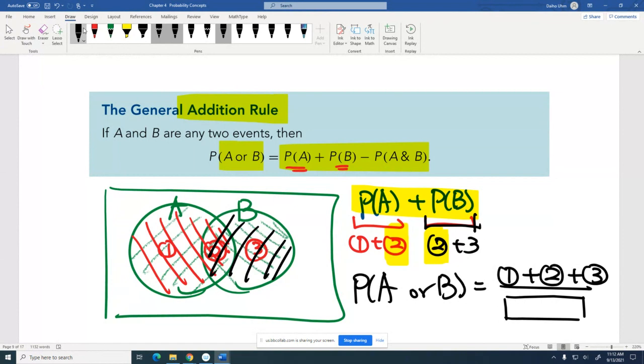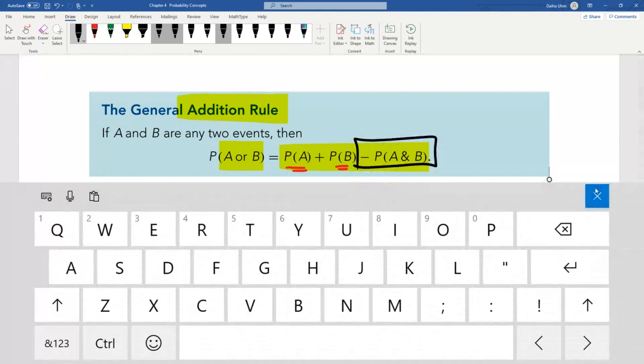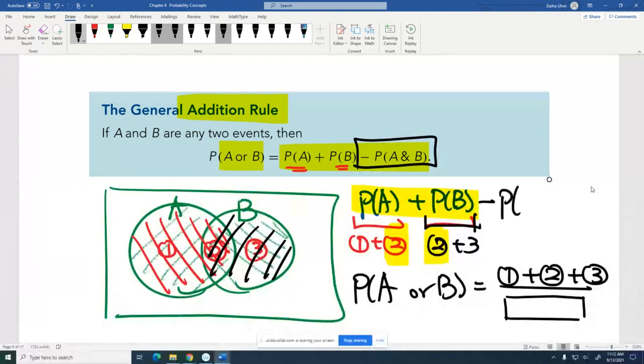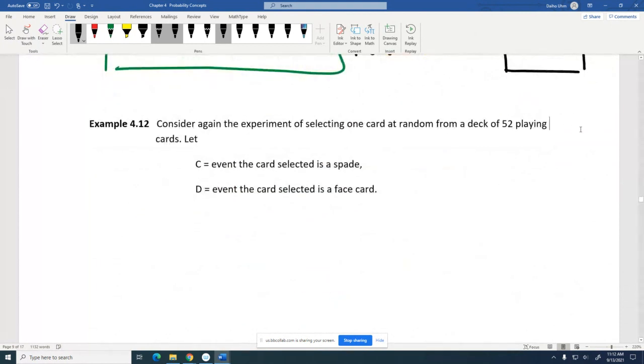It was the probability of A and B. So subtract the probability of A and B. It will be the same as the probability of A or B. In general, anytime, it will be true. So now, let me apply the general addition rule here.